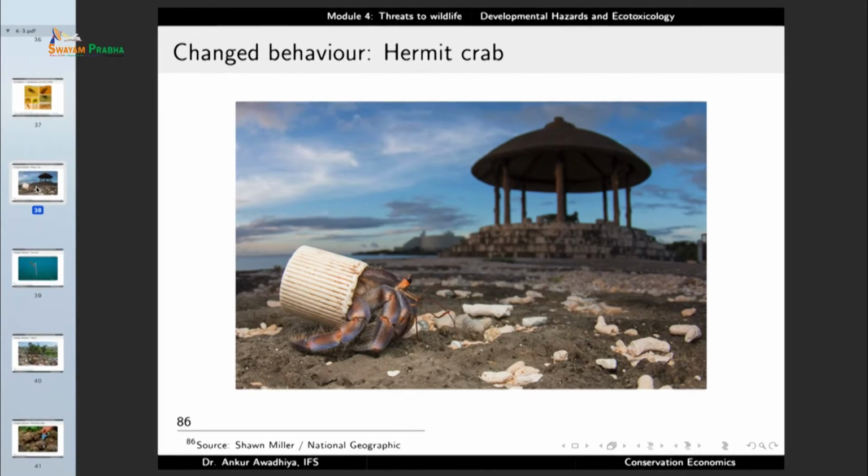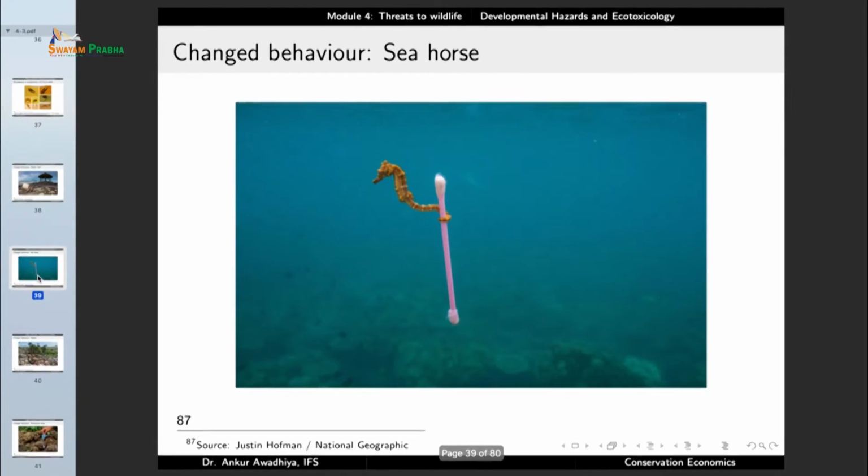We have trashed the planet to such an extent that organisms are getting more and more accustomed to these plastics. They are now using these plastics and showing behavior that is not natural. So this loss of natural behavior is also another hazard that we are observing.